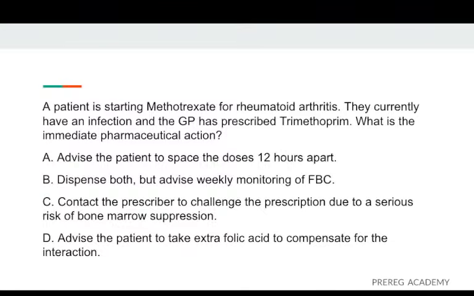And when the potassium level is so high and it affects the heart, what medication can we use for treatment?